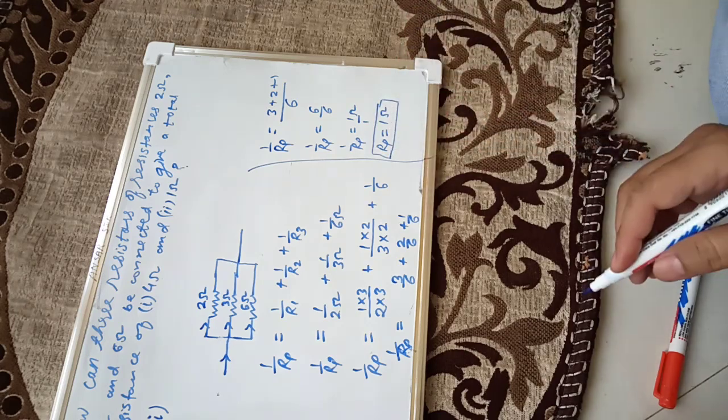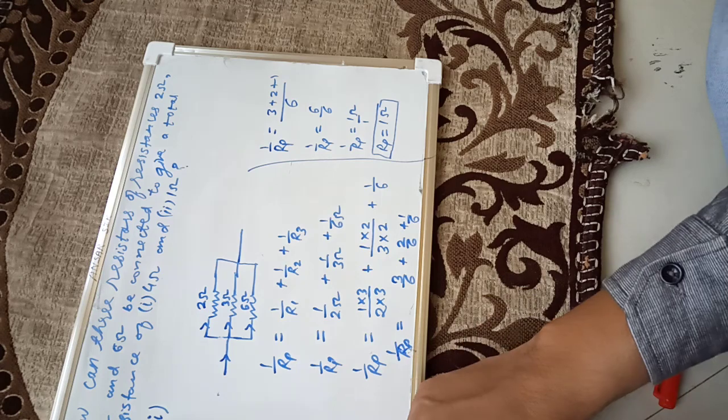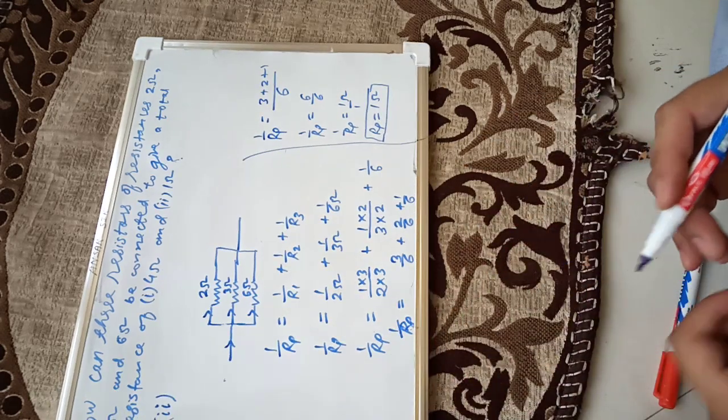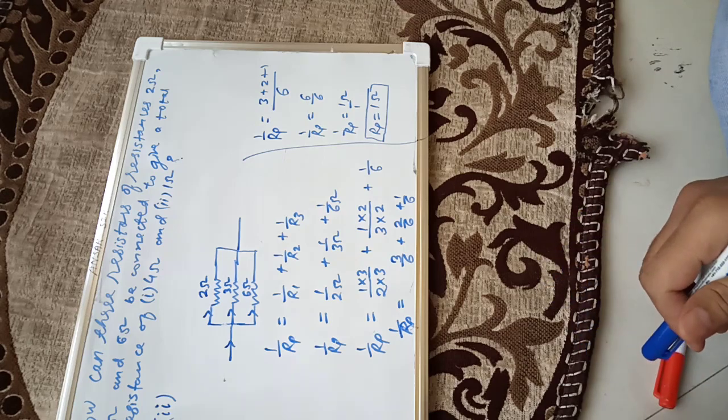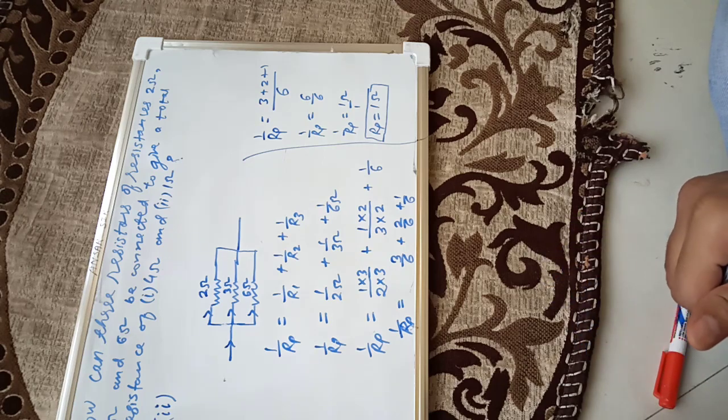So what will be our answer? To get 1 ohm resistance from these three resistors, 2 ohm, 3 ohm and 6 ohm, we will have to connect all the three resistors in parallel.